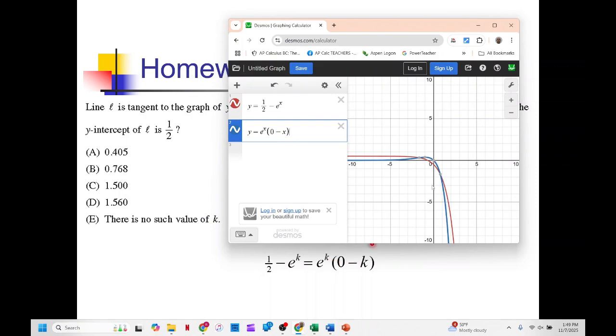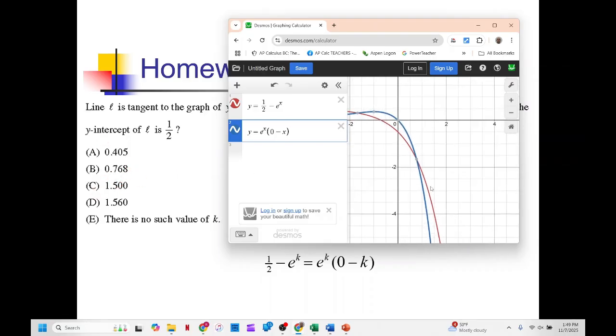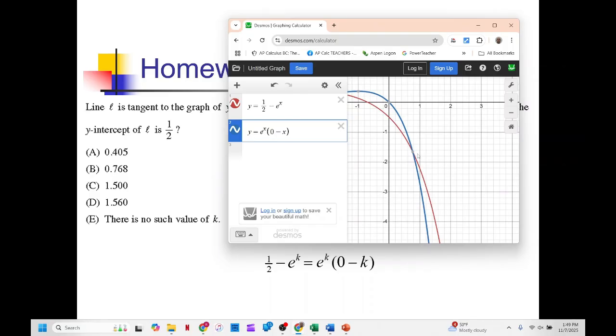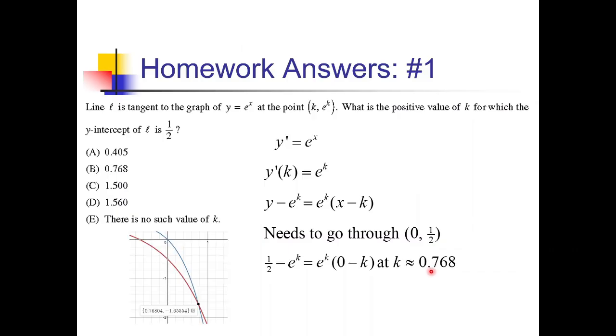So I end up with these two different equations, and I just need to see where they cross. Now, they could cross in lots of places, but the answer choices give us some indication that we're looking for something between, say, 0 and 2. So let me zoom in between 0 and 2, and I see that there's this spot right here where they cross, and that's happening at a k value of 0.768. So that's going to match up with answer choice B.